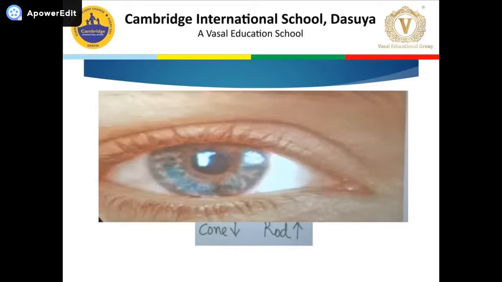Also in reduced light, cone cells in the retina disintegrate, and rod cells in the retina activate through rhodopsin activation, and thus we are able to see in dim light as well. But this rhodopsin activation takes some time, and so vision in dim light takes a few seconds to be clear.